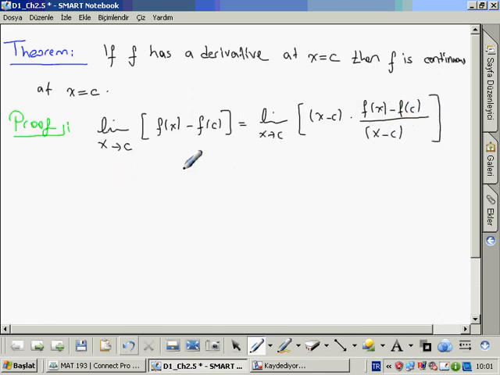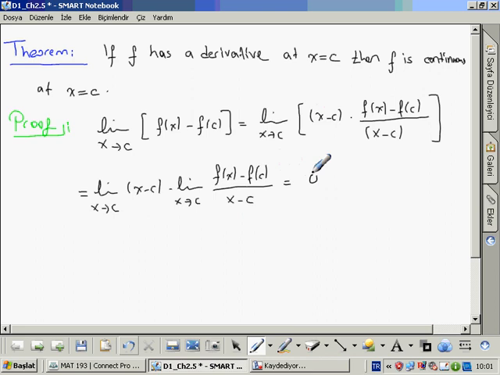After that I can say limit of x minus c times limit of f of x minus f of c over x minus c, and the left part will be 0 times f prime of c, which equals 0, if f prime of c is finite.